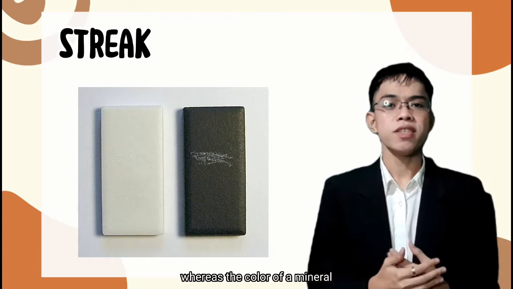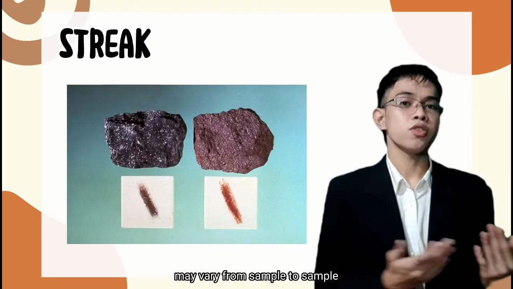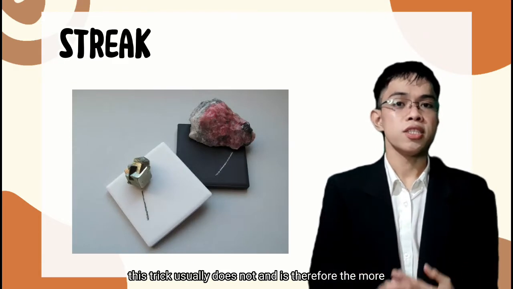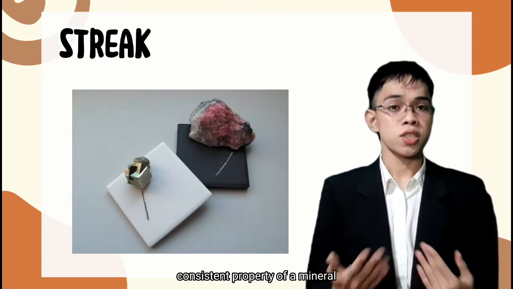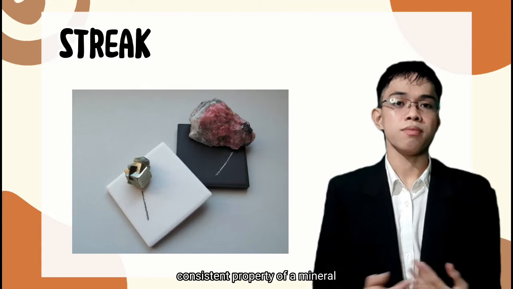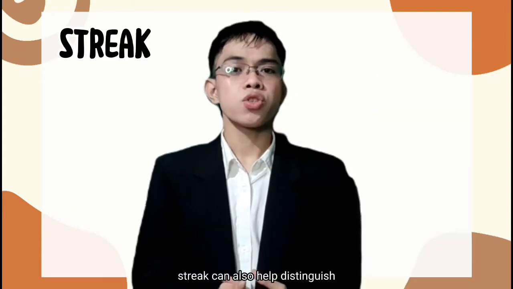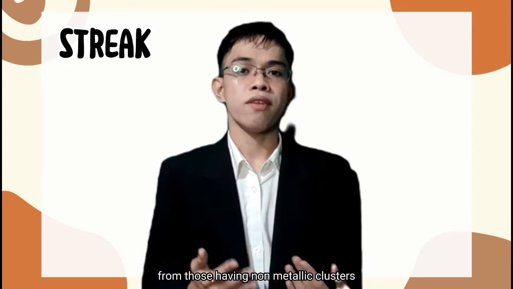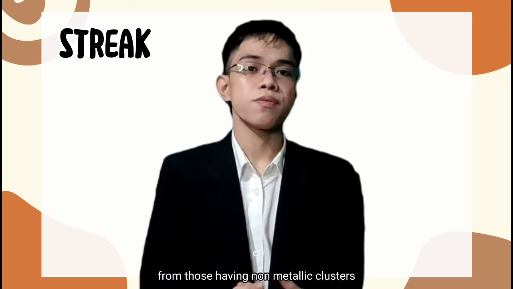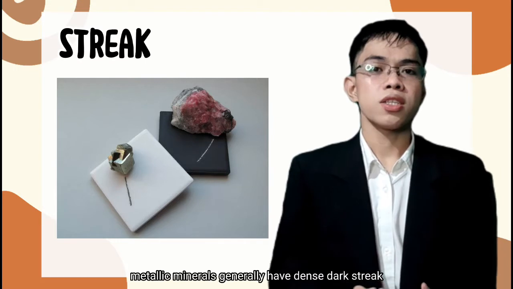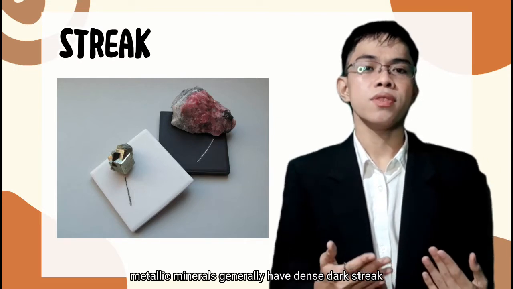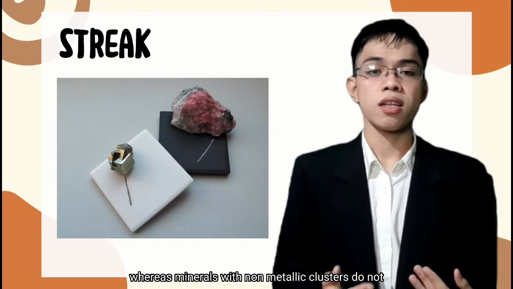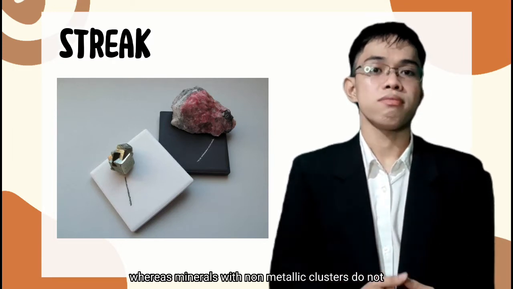Whereas the color of a mineral may vary from sample to sample, the streak usually does not, and is therefore the more consistent property of a mineral. Streak can also help distinguish minerals with metallic lusters from those having non-metallic lusters. Metallic minerals generally have a dense dark streak, whereas minerals with non-metallic lusters do not.